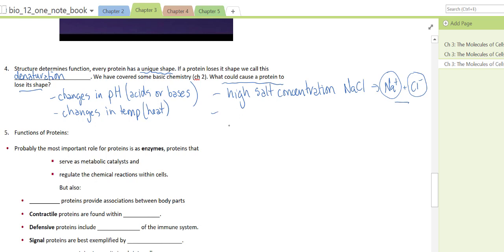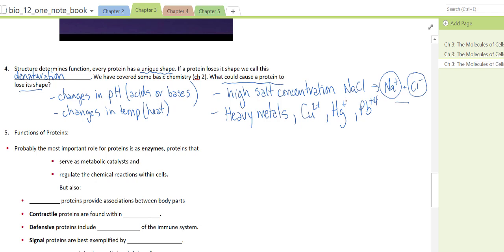And lastly, heavy metals. Heavy metals are compounds such as copper or mercury or lead.